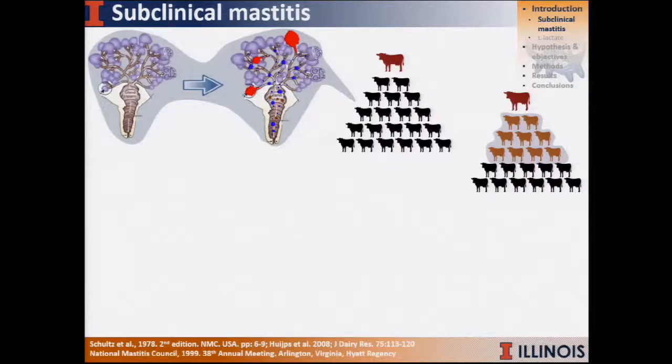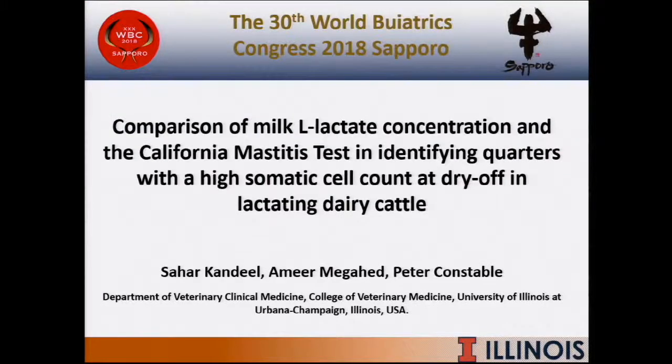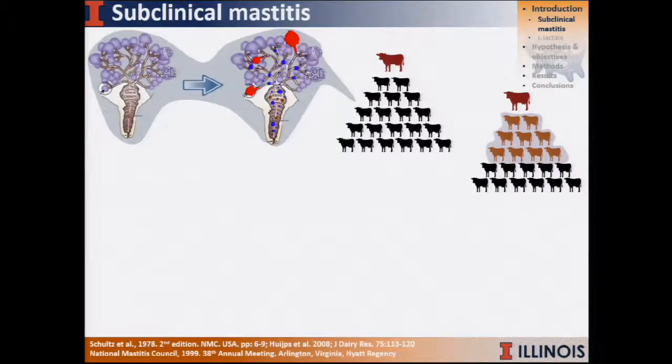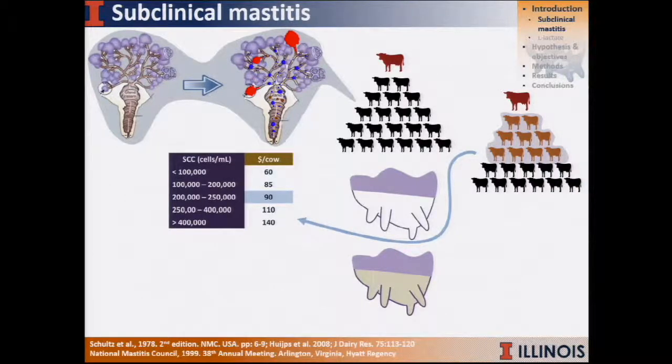So the question is, what's the problem of subclinical mastitis? Everything is normal, milk is normal, udder is normal, cow health looks normal. But subclinical mastitis causes a direct drop in milk production. Several studies reported a negative correlation between somatic cell count and milk production.